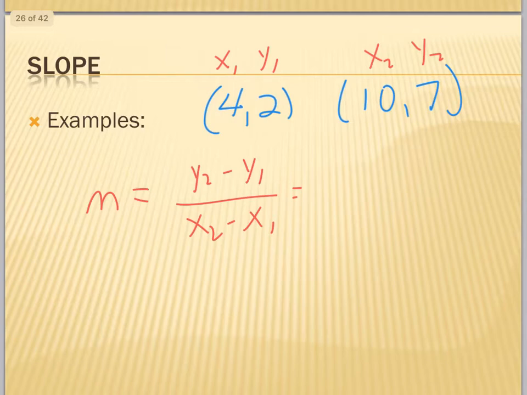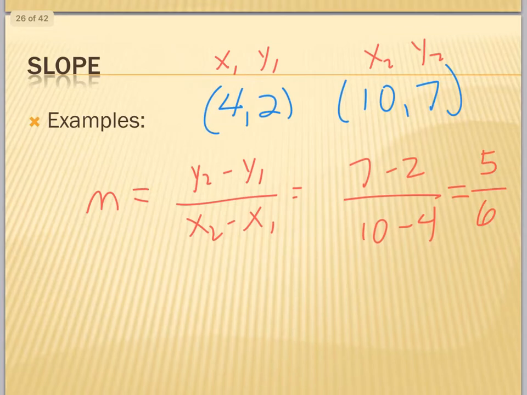So what that looks like then is 7 minus 2 over 10 minus 4. Pause here for just a second. So that gives you 5 over 6. And make sure you reduce the fraction. This one can't be reduced. So it's a positive slope, rise over run.